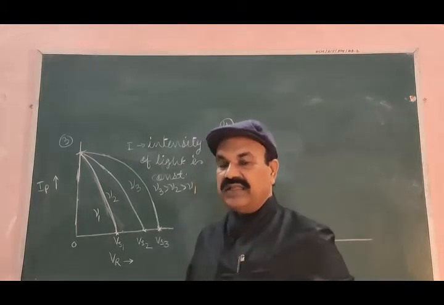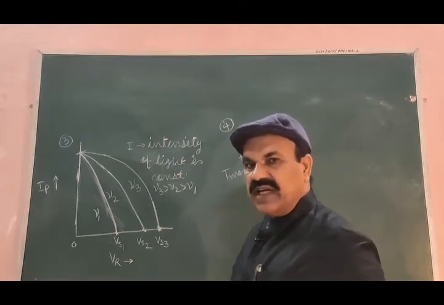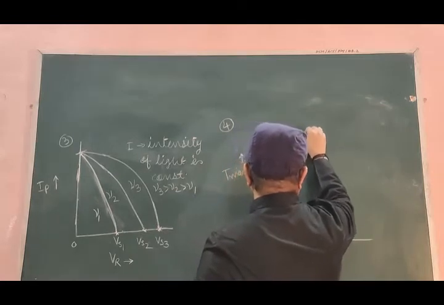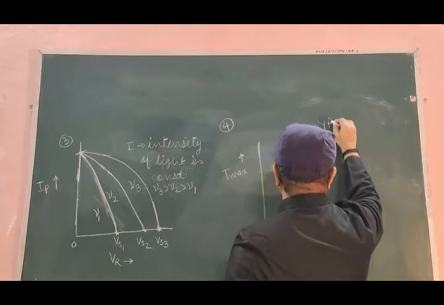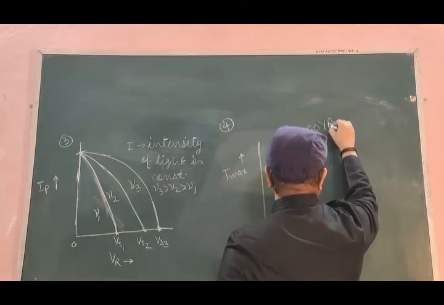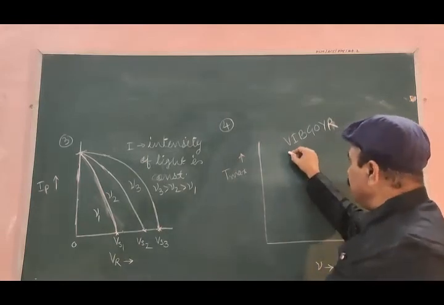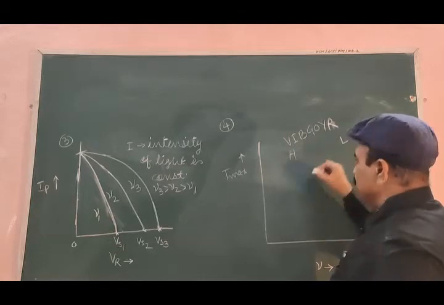Let us consider the 7 colors from the visible region, VIBGYOR. Here frequency is highest, here it is lowest.